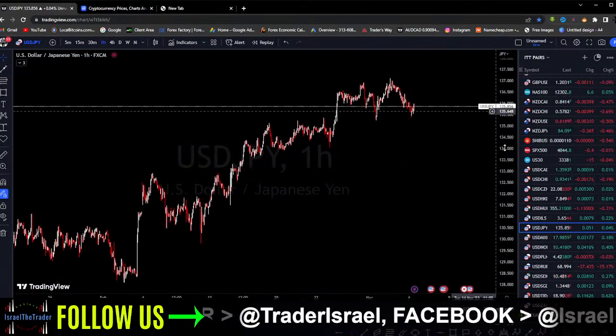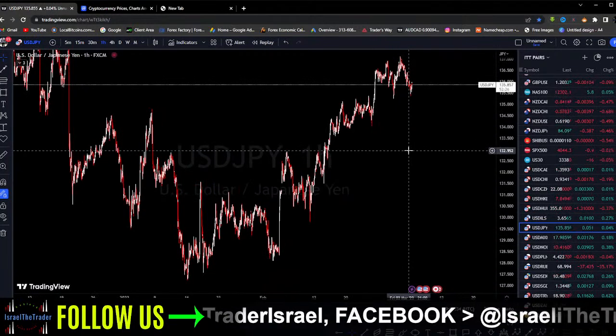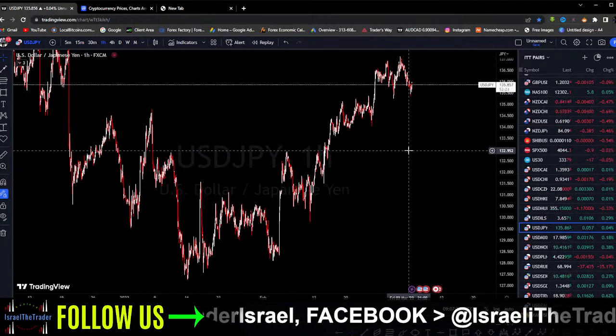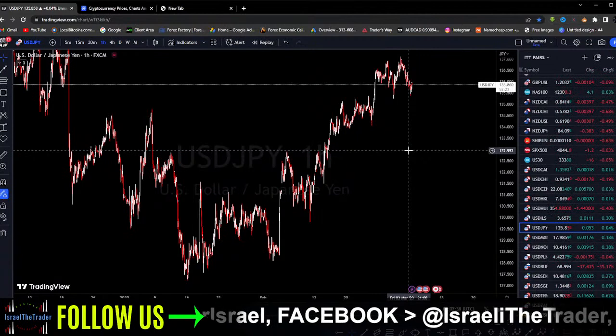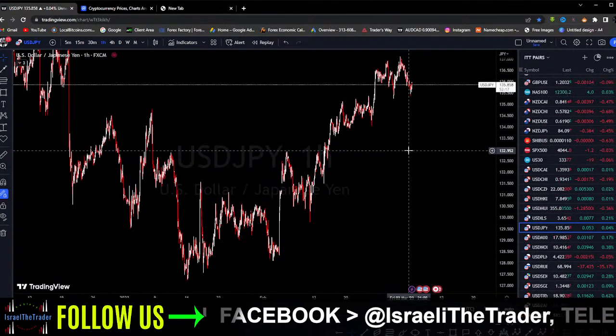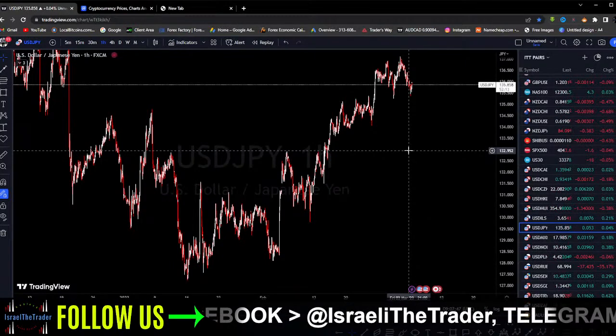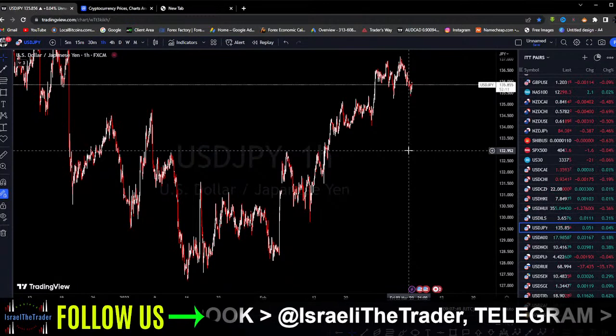Okay, USD JPY has been going to the upside, and there's another thing, guys, that you are supposed to consider, which is DXY, sorry to say, which is DXY.